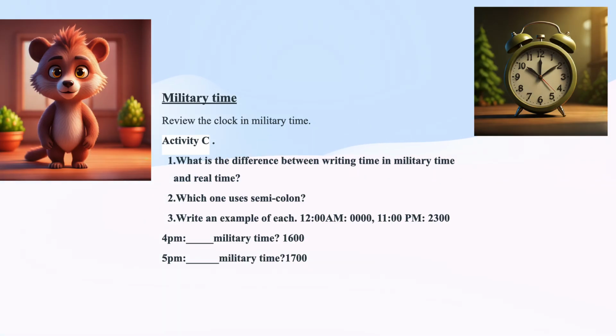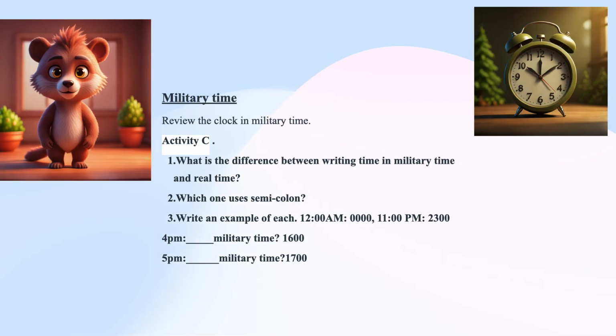Like I have put in this slide, 12 a.m. is equivalent to 0000, not 2400 in military time. 11 p.m. is 2300. 4 p.m. is what? 1600. 5 p.m. is what? 1700. Okay?